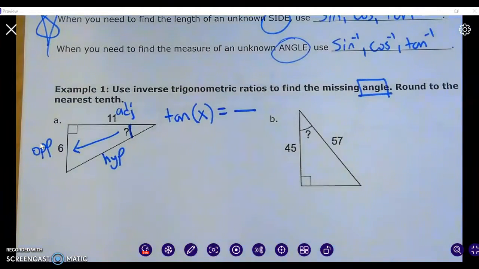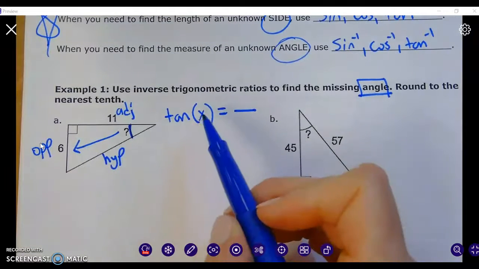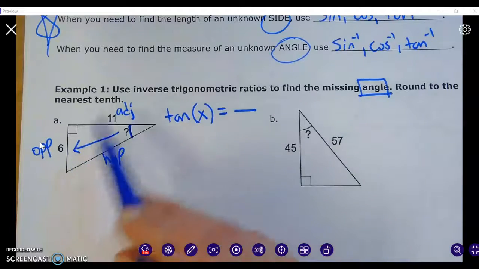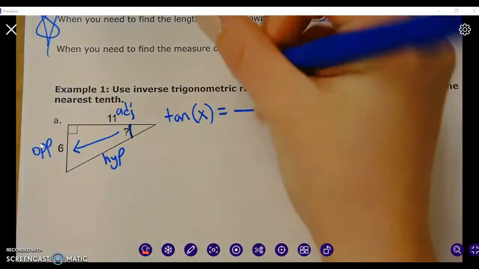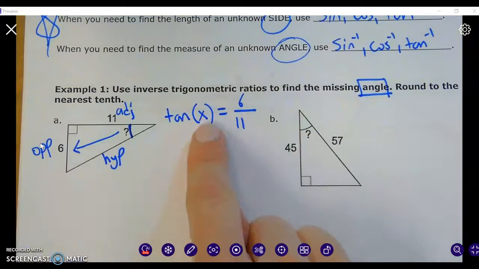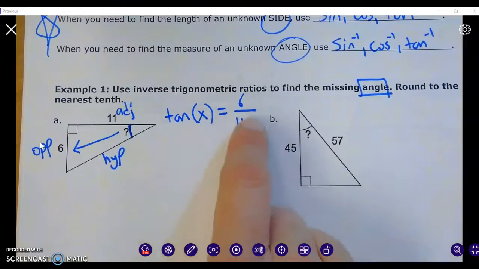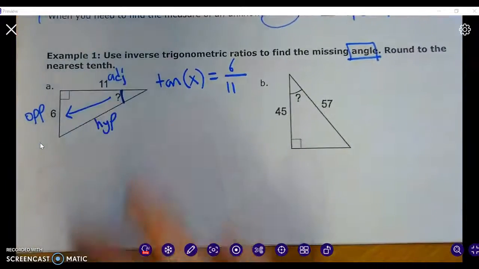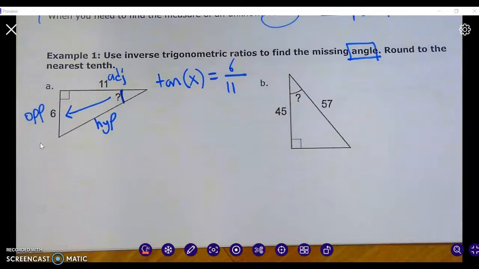Now we know both sides, so we are actually going to plug in both side lengths because our unknown is in the parentheses spot now. Tangent is opposite on top, adjacent on the bottom. So now our variable is in this little parentheses spot instead of the fraction spot like we did with the sides. Okay, let's go ahead and set up the other one before we solve it.